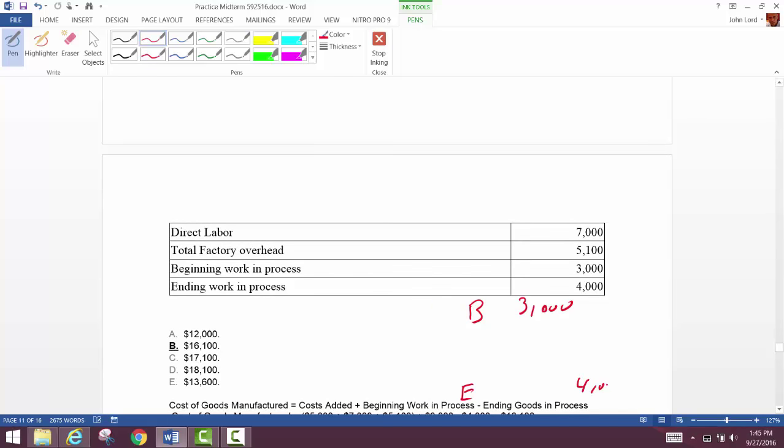Is it the same numbers that got added? Are these the same three numbers or no? 7,000 plus 5,100 plus what? Materials of 5,000? 5,100 plus materials of what? 5,000. So what's the adds? 17,100.